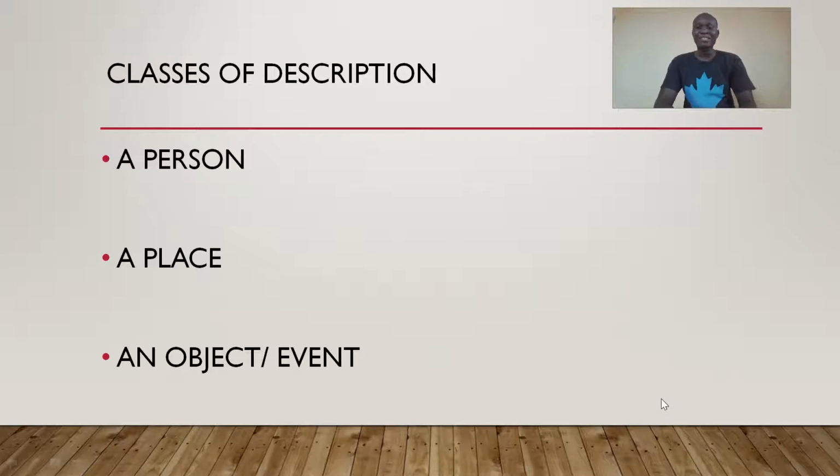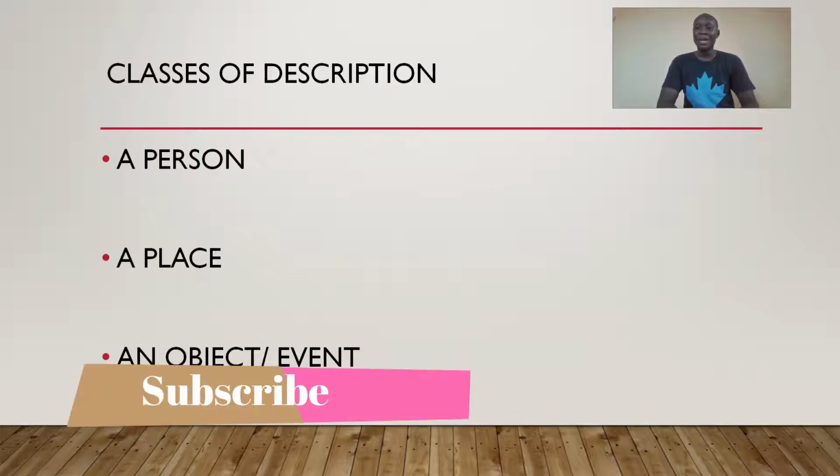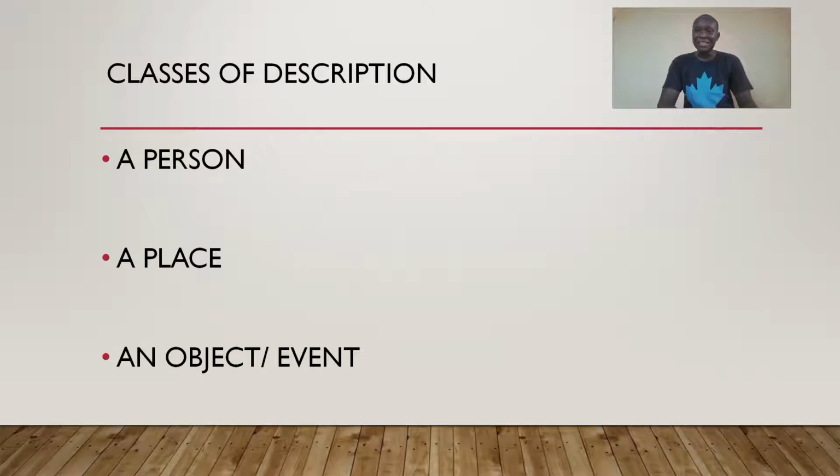So what are the classes of descriptive essays? At the basic levels in schools, especially in Ghanaian schools, students are often required to write descriptive essays about a person, a place, an object, or an event. You could be asked to write about your best friend, your mother, your father, your uncle, your auntie, or your favorite person in the family.